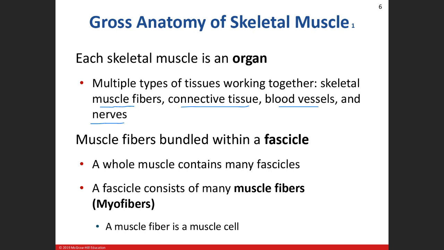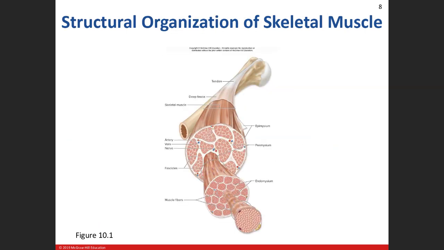So we're going to start off. This one I have to put my glasses on. I'm going to show you this picture here, and I'm going to kind of work backwards because this part is a little bit complicated. I want to start small and go big. Always start small and go big. So when we're looking at how we organize the skeletal muscle, we're going to start with the cell first.